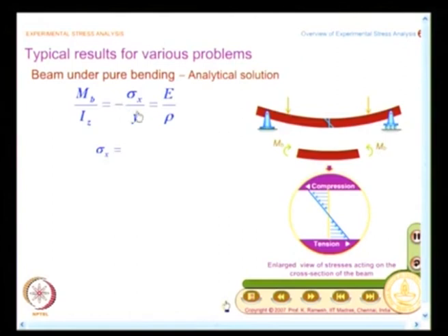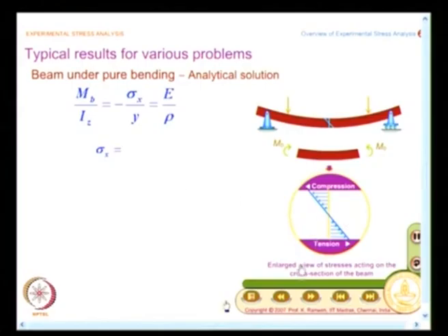Why this is so is, the sign convention adopted is that on a positive surface an anti-clockwise moment is taken as positive, and for a loading like this the top fiber of the beam is subjected to compression, to indicate that you have a negative sign. And once you have this, it is easy to find out the value of the stress component.